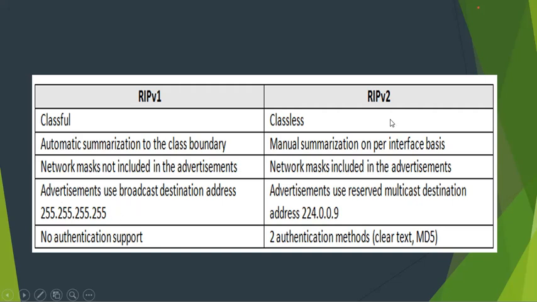In case of version 2, you have a multicast destination, and that's going to be 224.0.0.9. In case of version 1, there is no authentication support, but in case of version 2, you have 2 types of authentication methods using clear text and MD5. Let's learn in more detail with the configuration and the lab.